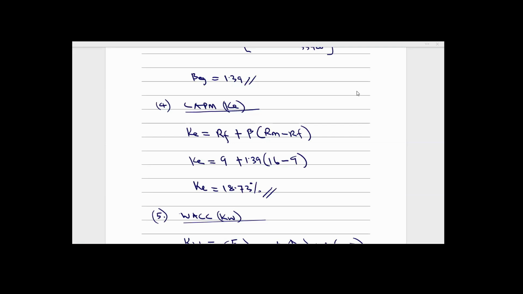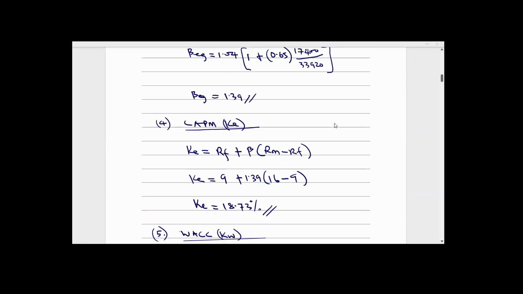From the response you gave to Rose, I already understood how we got the 16 minus 9. Okay. So if you got that, then you should be able to understand how we got our 18.73, because the risk-free rate of return of 9% is in the question. The market return is in the question at 16%. The 1.39 we calculated in step 3. That's the beta equity geared.